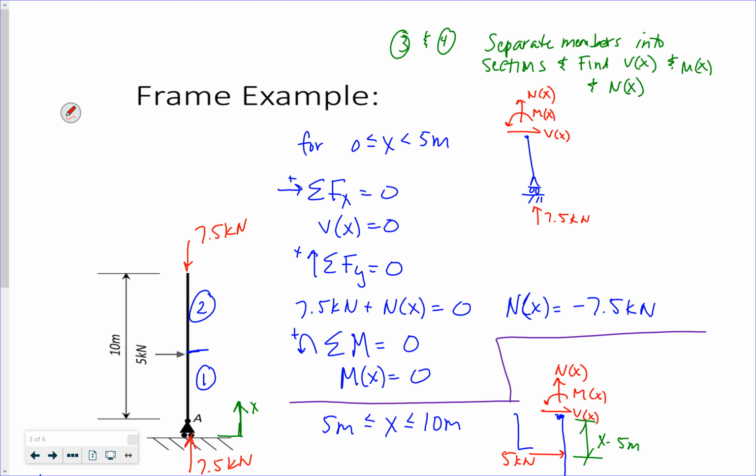I've got 5 kilonewtons and then 25 kilonewton meters. So that's back at the column. If I take the column as an entity by itself, I need to have all of the reaction, right?